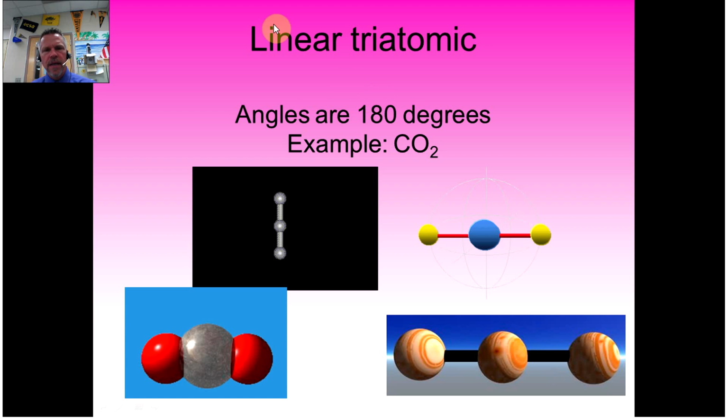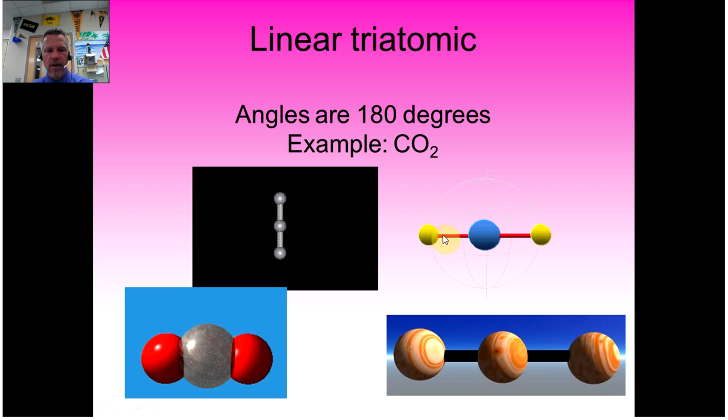The next one is called linear triatomic. And this one's kind of easier to see because it's linear. The bond angles here are 180 degrees. In other words, this angle is 180 degrees. So here's your central atom, which in this particular example is carbon. And attached to the carbon are 2 oxygen atoms. Here's 1 and here's 2.